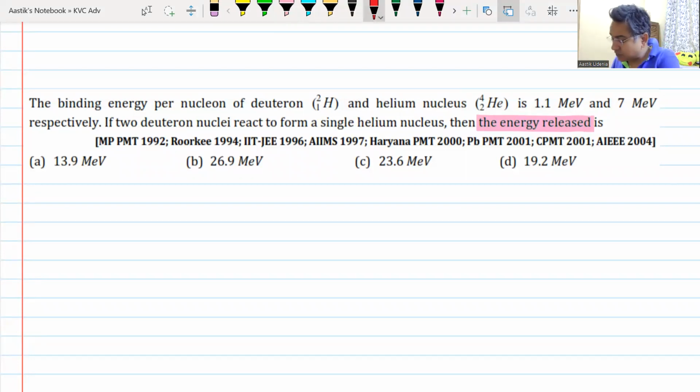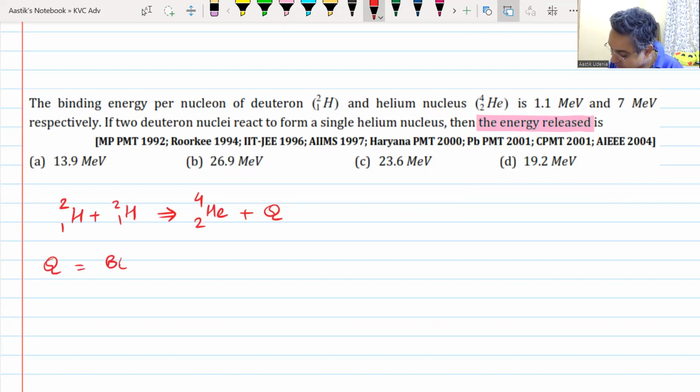So how are we supposed to write it? We will first write the nuclear reaction. This was the question that I started off. 2H1 plus 2H1 will give us helium 4 2 nucleus plus the Q value, written like this. You must understand that this Q value will be given by the binding energy of the products minus the binding energy of the reactants. For the product, which is one helium nucleus, the binding energy given per nucleon is 7 mega electron volt.